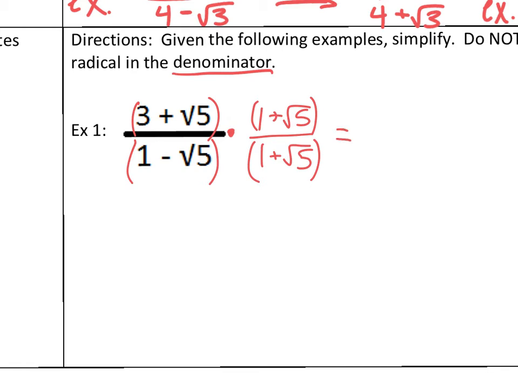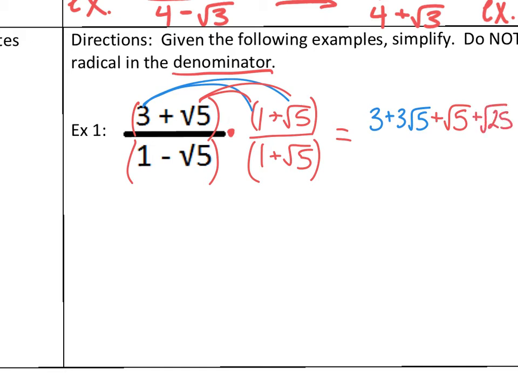Okay, so the first one, or the top, I guess. 3 times 1. 3. 3 times square root of 5. 3 square root of 5. Good. And then we've got square root of 5 times 1. Square root of 5. Yep, just square root of 5. And then square root of 5 times square root of 5. Square root of 25. Good.